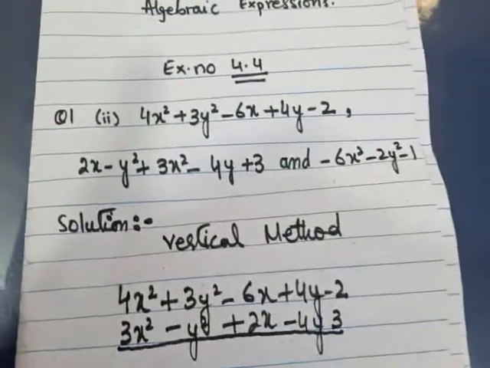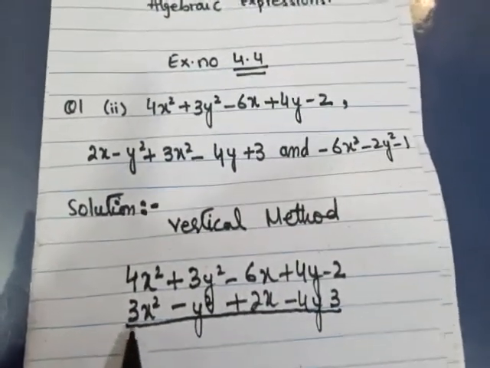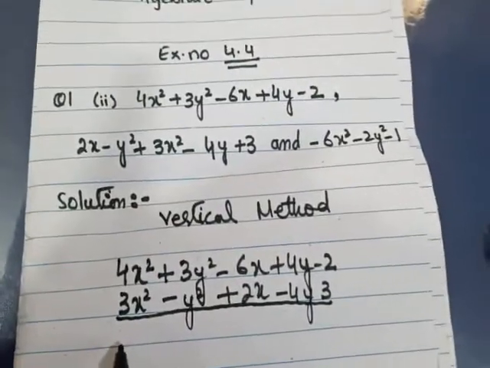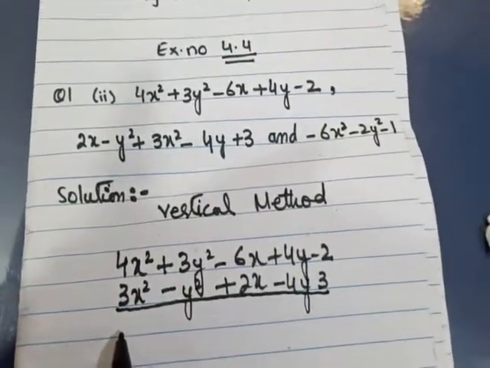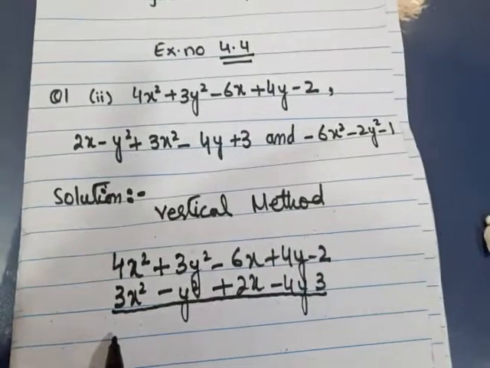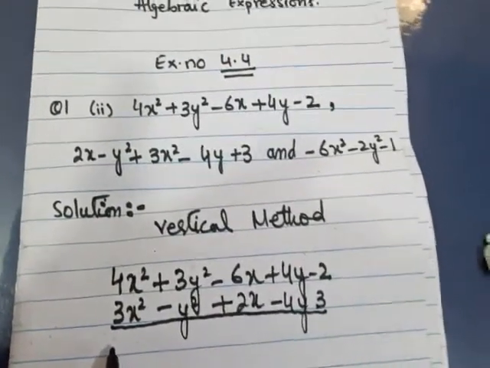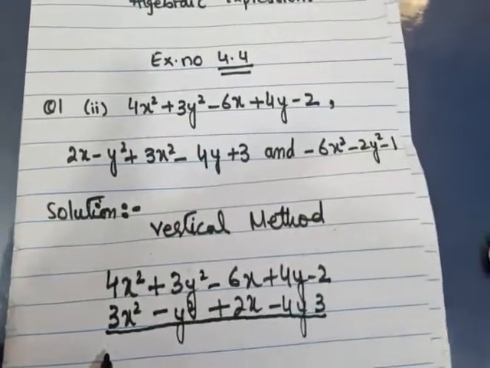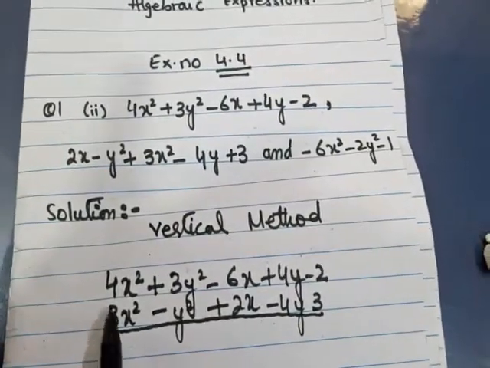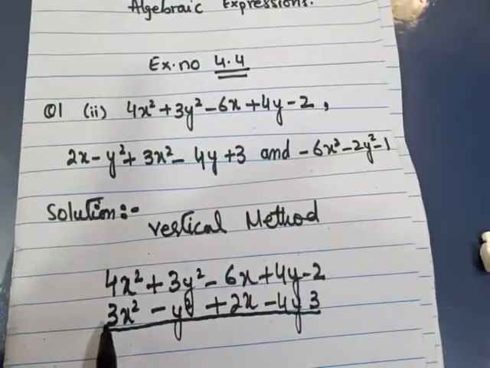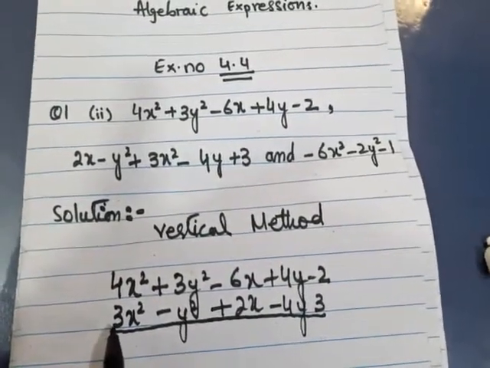Now in addition, when we write the like terms together, how do we solve them? We always work on the coefficients in addition and subtraction. In addition, we are actually adding the two coefficients, and the variable and its power stay as they are.